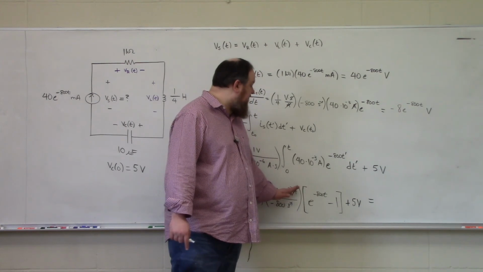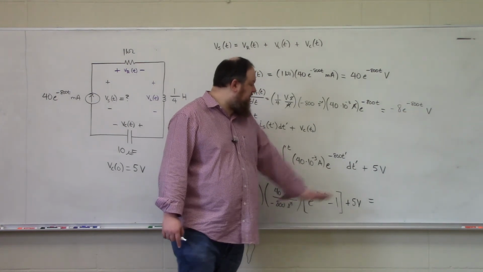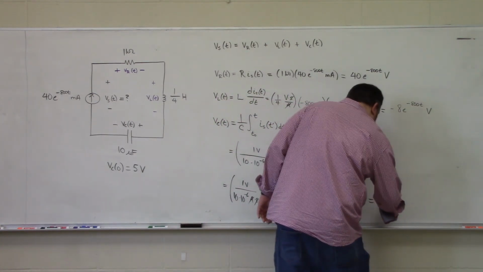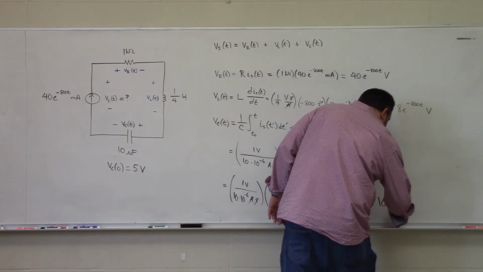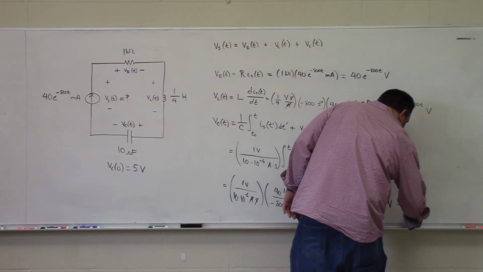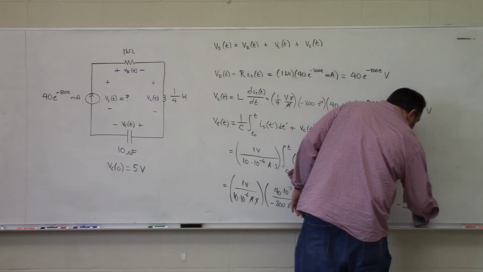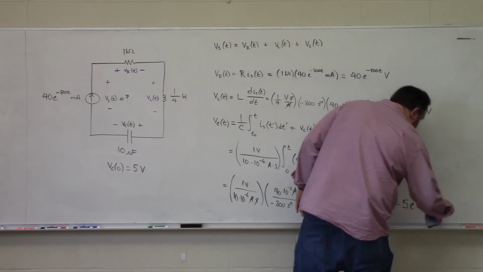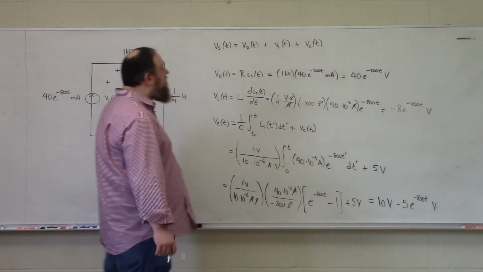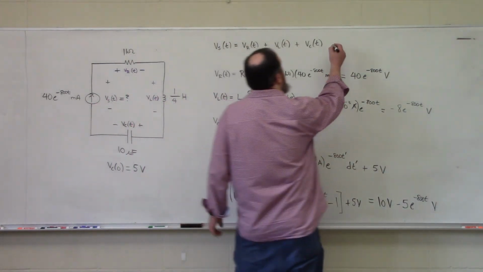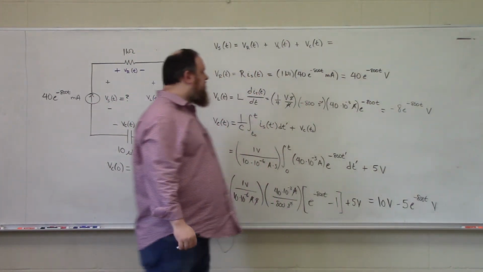So 5 times e to the minus 800t minus 1 plus 5 volts. Combining all of that, I get 10 volts minus 5 e to the minus 800t volts. So finally, I need to add all these terms up.